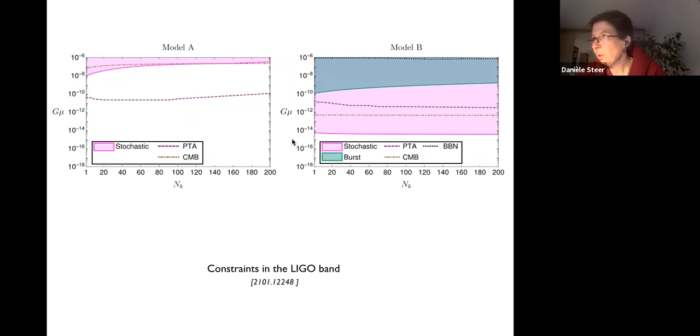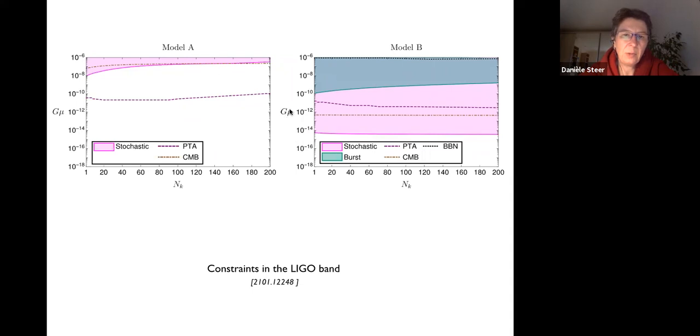So depending on which model you believe is true, you see that the stochastic gravitational wave background generated by strings, the observations, or the lack of observations if you want, are putting a constraint which is getting stronger and stronger on G mu.